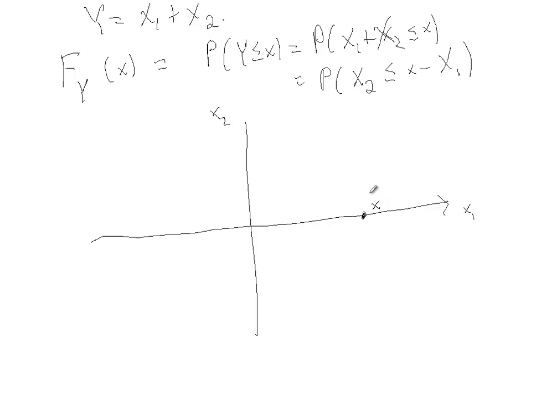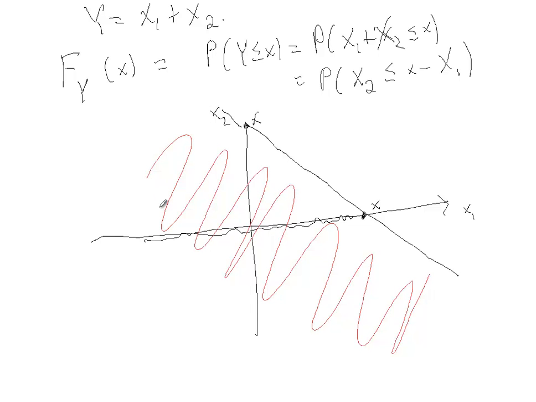In this case, if X2 equals 0, that's all of the part over here. I can also have the point x here. That also satisfies X1 plus X2 less than or equal to x. And if I draw this line and consider all of the shaded region below this line, the X1 plus X2 equals x line.